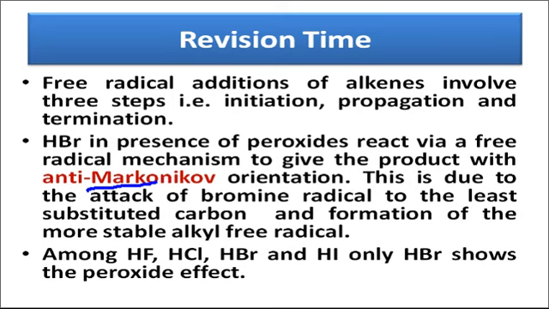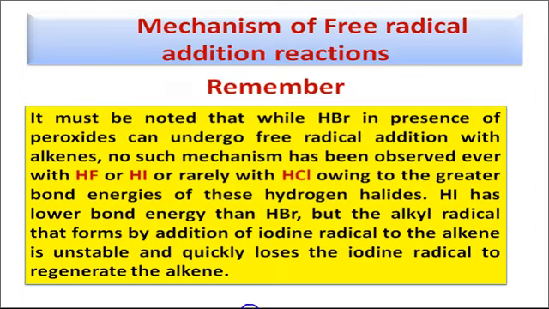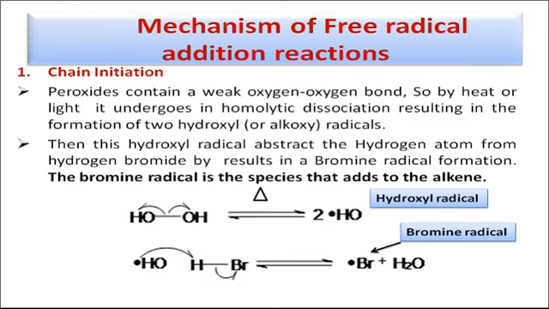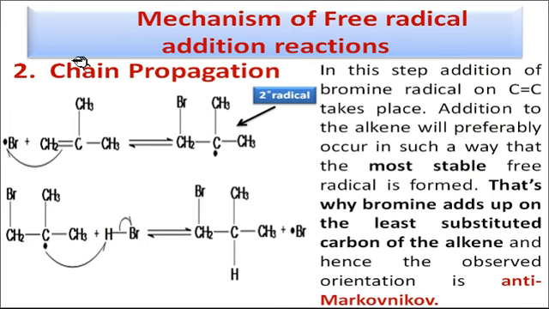So you must remember this step, because in the chain propagation step, the attack of the bromine radical takes place on the alkene. So this attack will always favor the more stable free radical formation. Therefore, always the bromine radical attacks the least substituted carbon. That means the carbon atom which has the higher number of hydrogens.